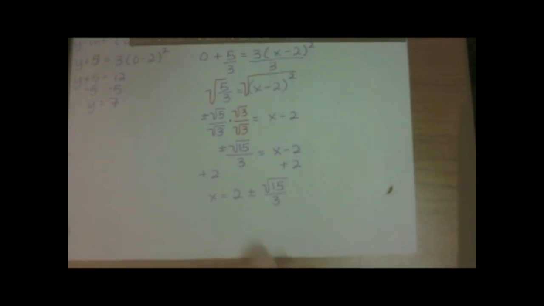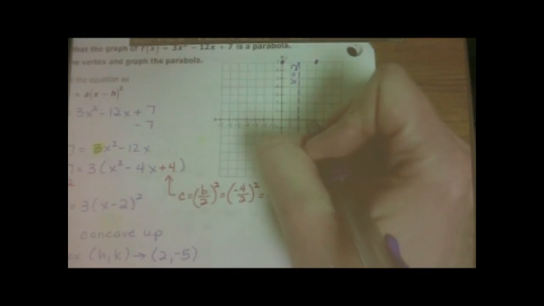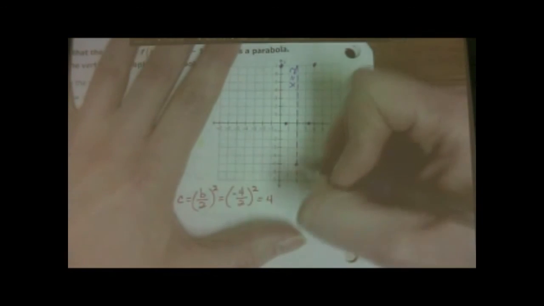Let's go ahead and do the other one. 2 minus, parentheses, the square root of 15 divided by 3. And I have 0.71. Okay, so let's go back up to our drawing and draw these in. So 3.29 maybe about here, 0.71 maybe about here, and I can go ahead and draw my parabola.